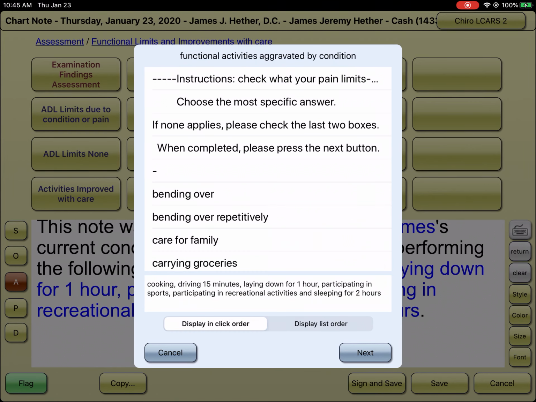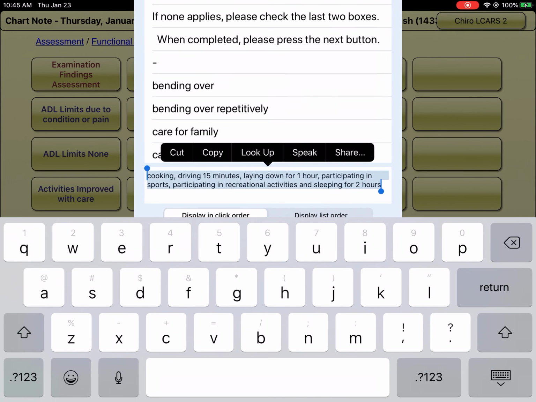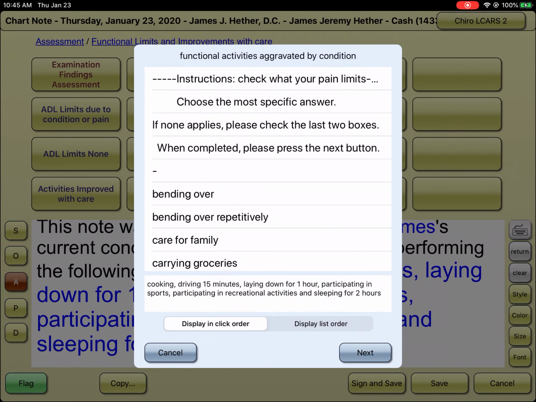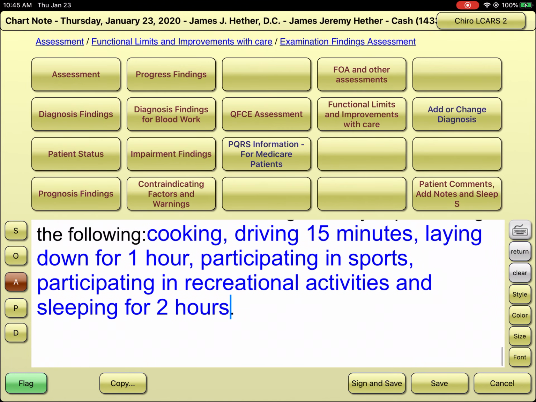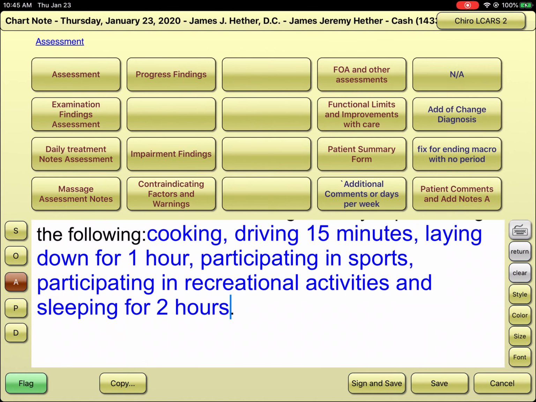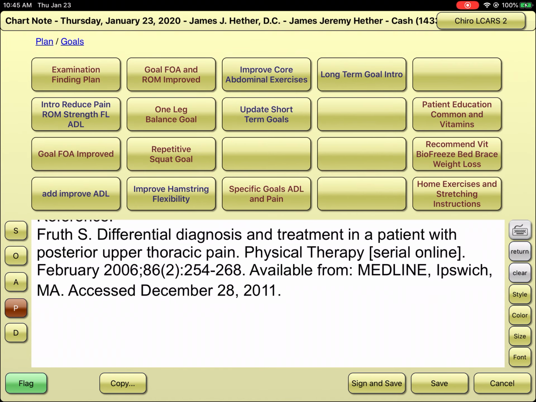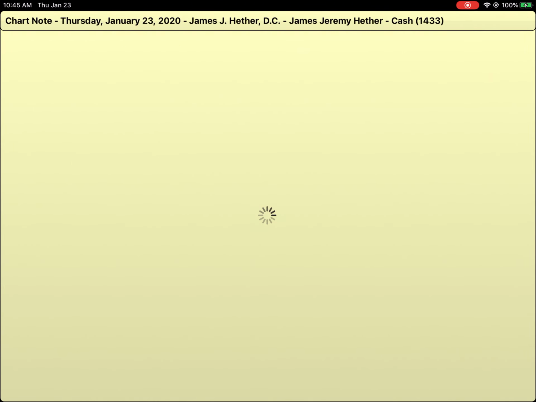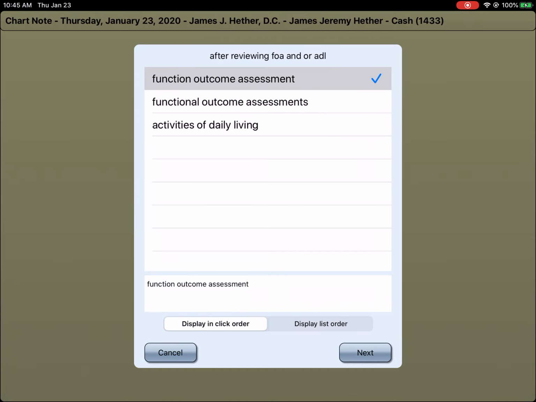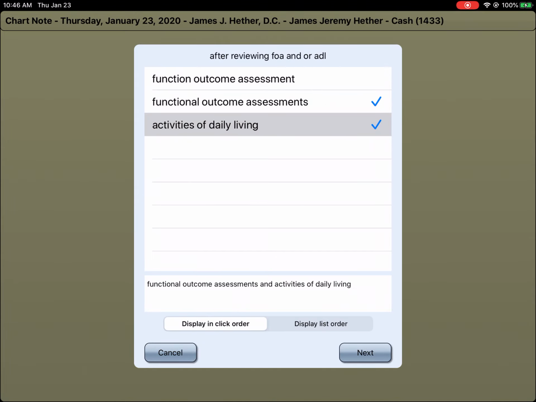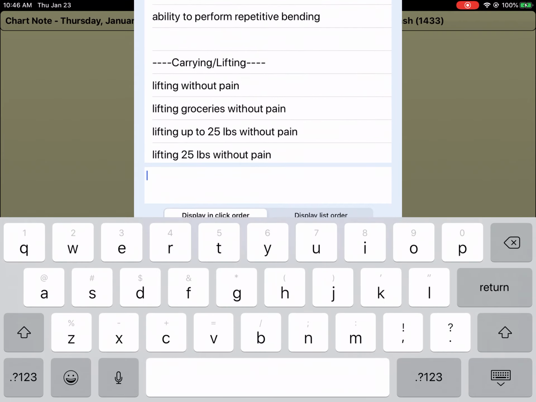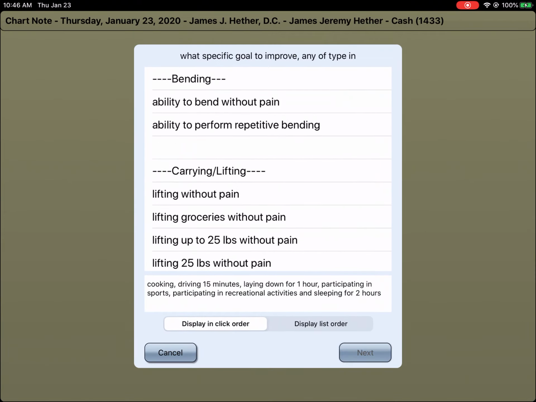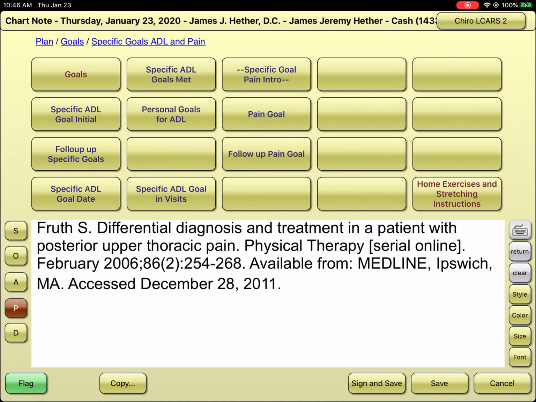So what I'm going to do is, on their second visit, highlight these, copy this, and under my plan, I'm going to update my plan as far as my goals for this individual, that we are going to add specific goals for this condition. We're going to ask the person today's date. We're going to say, based on their functional outcome assessments and their activities of daily living, based on chiropractic care, physical therapy, and home exercises, I expect to see an improvement within the following activities, and I'm going to ask the person to fill these same questions out in 2 weeks.